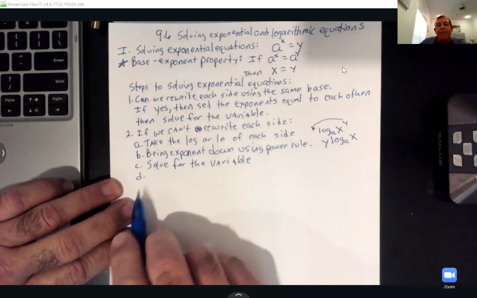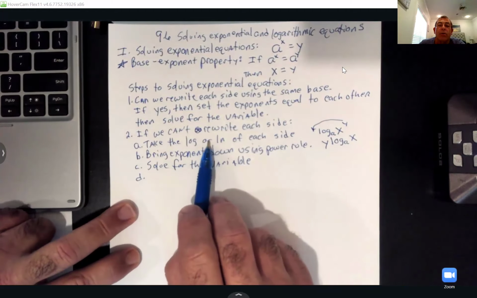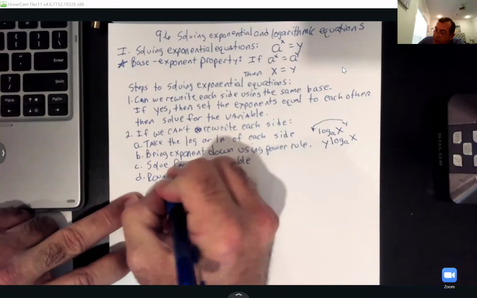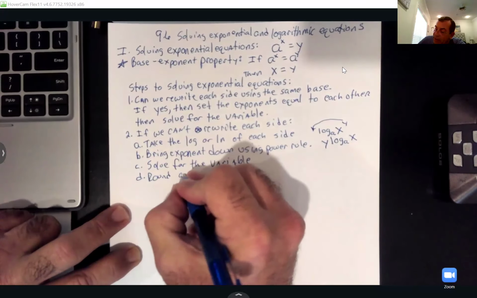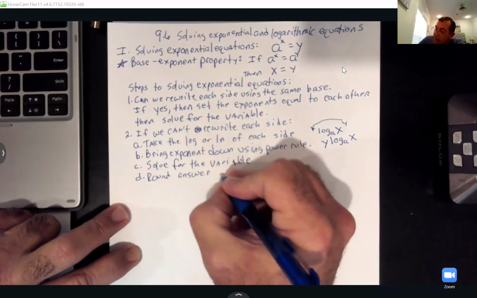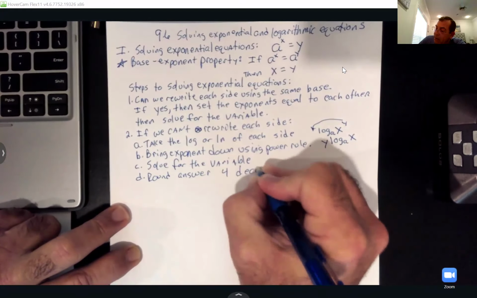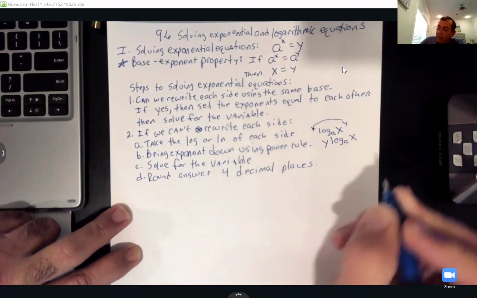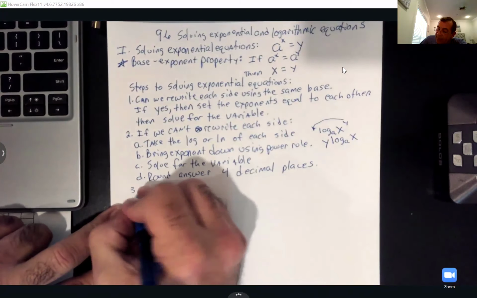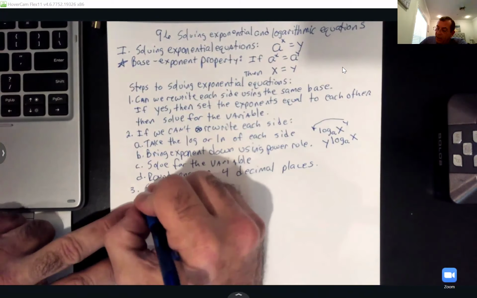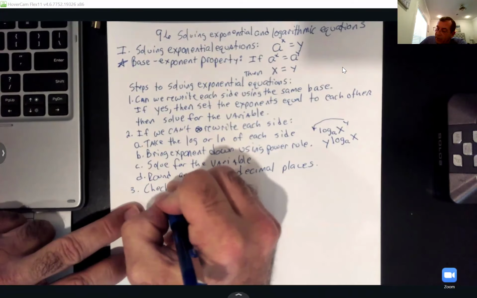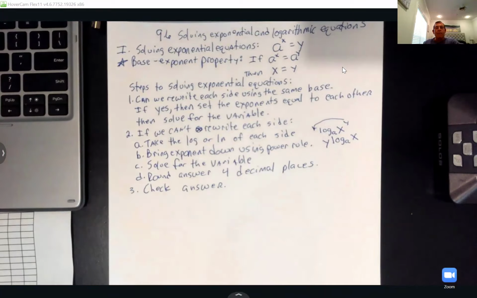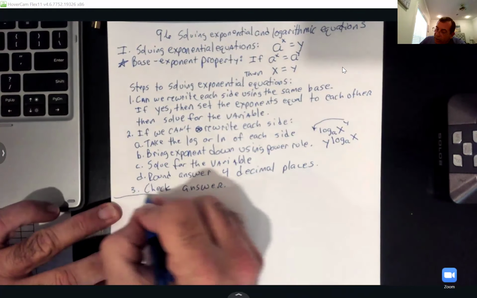Now, when you have to solve them by taking logs or lns, we need to round our answer to 4 decimal places. All right, then the last step on any equation: check your answer.